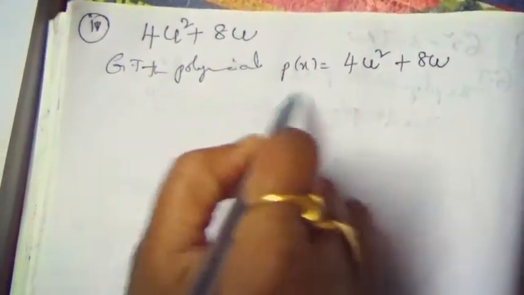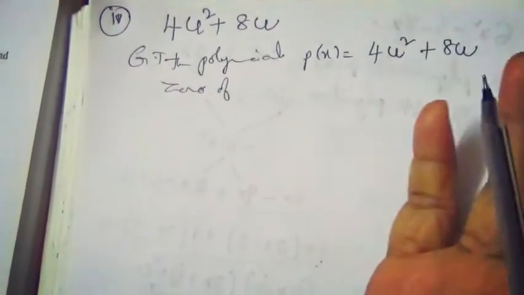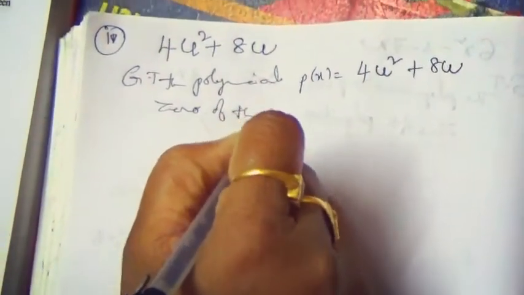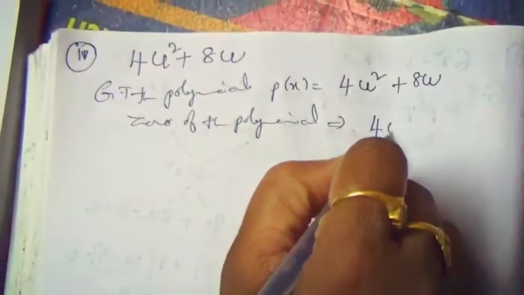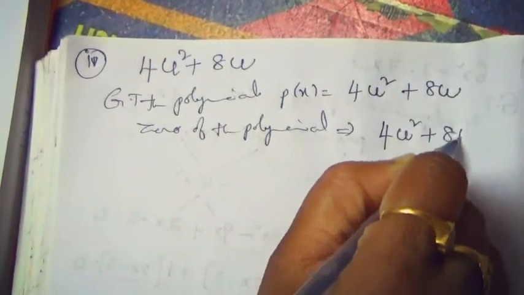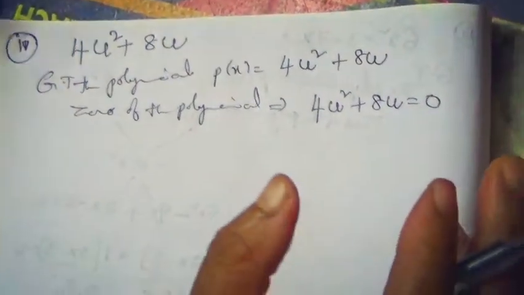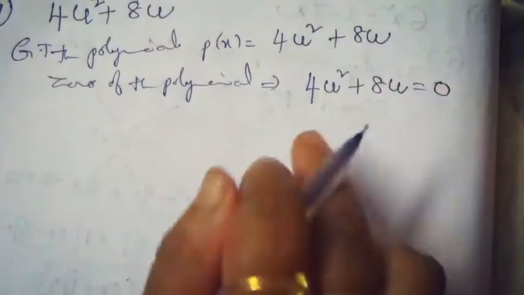Okay, so for the zeros of the polynomial, there is no constant term, just leave it, we can't do anything, right? The zeros of the polynomial, that implies 4u square plus 8u is equal to 0. Without doing the factorization method only, we can solve this sum.